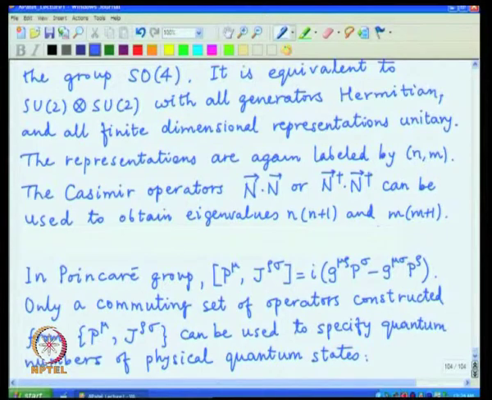So, we have to answer the question that which of these 10 things mutually commute, and we can use them.